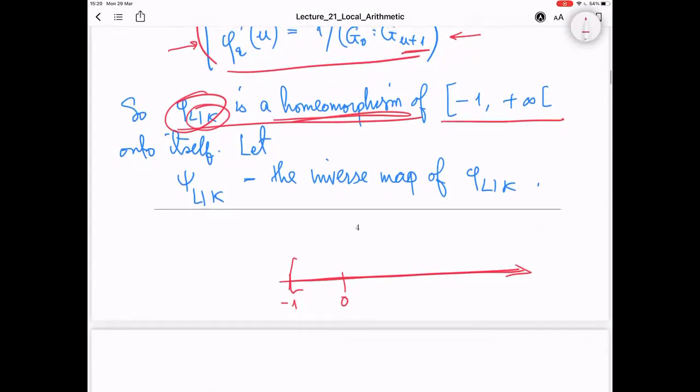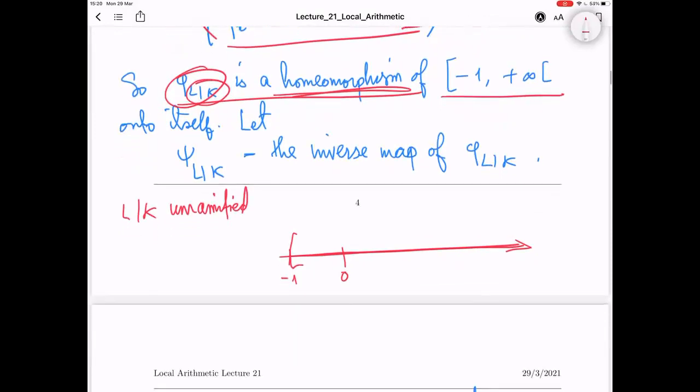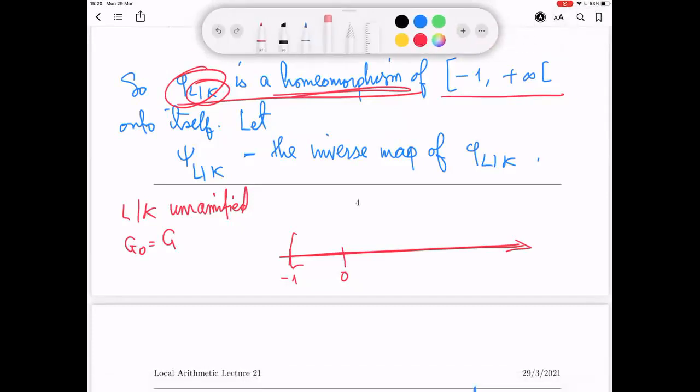You should try to see what happens when L over k is unramified. That is perhaps going to be a completely simple case, because in that case, G naught is going to be equal to the trivial group, right? So just try to see what happens in this simple case.